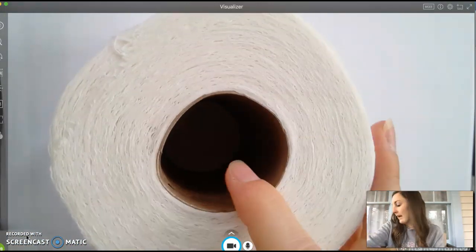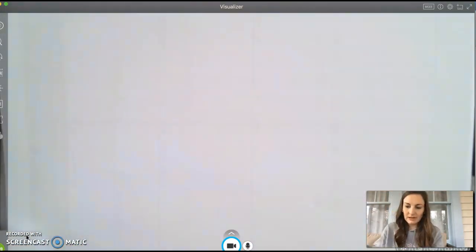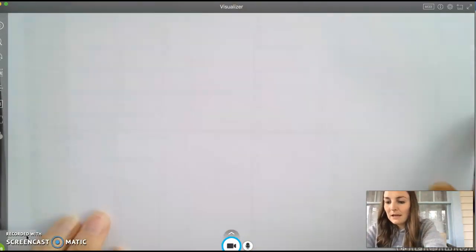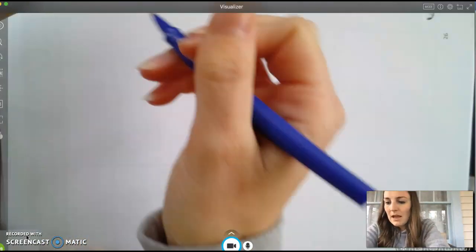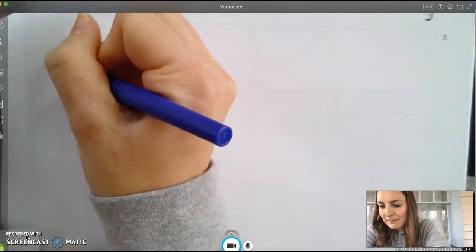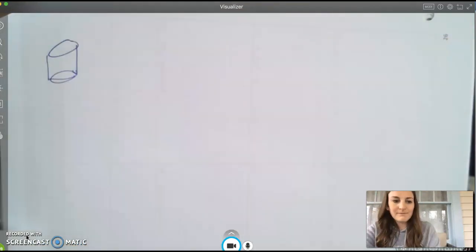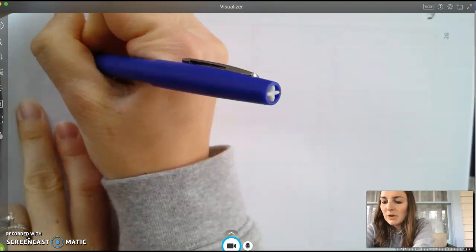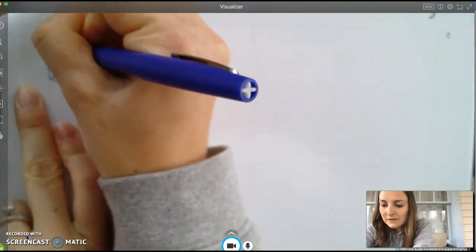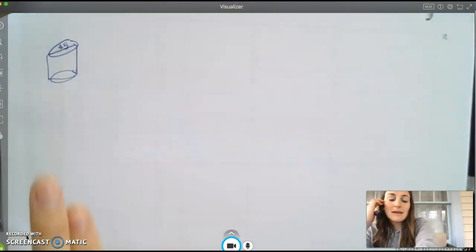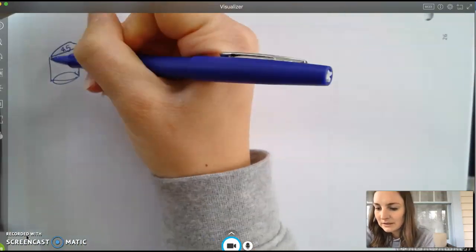And so my diameter here, I'm going to write this down. So let me draw myself a little picture. And so here is my best interpretation of toilet paper. Beautiful, right? So I've just found that my diameter is 4.5. Diameter is going all the way across.